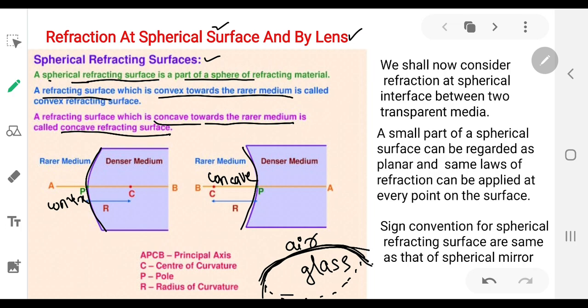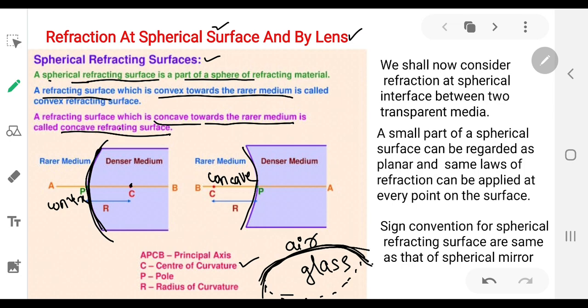Now here you can see, if you complete a sphere by taking the curvedness of the refracting surface, then the center of that sphere, whose part is our refracting surface, is called the center of curvature.